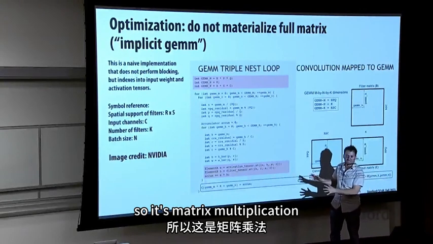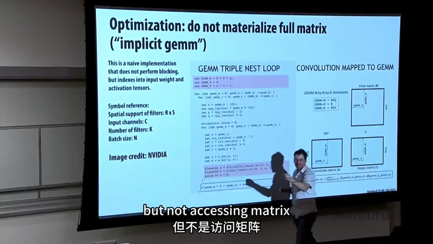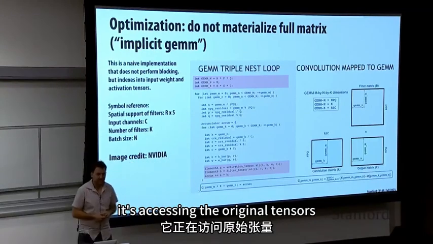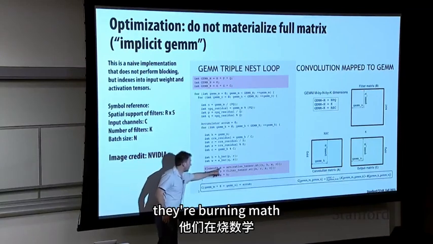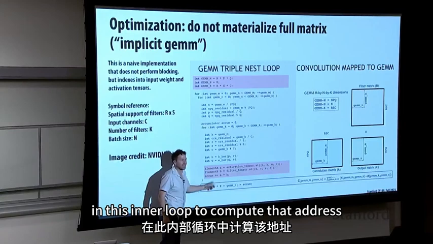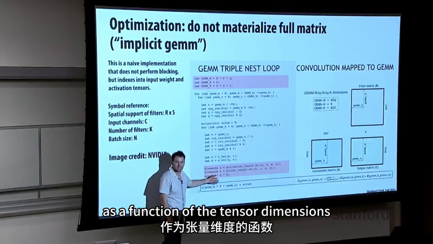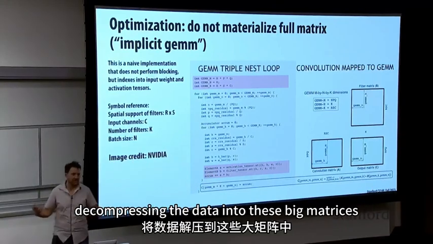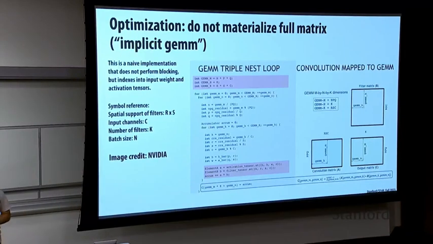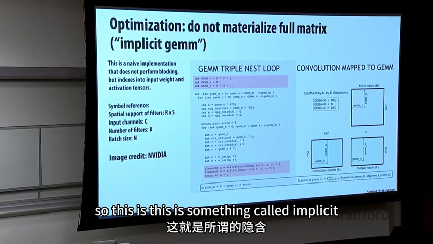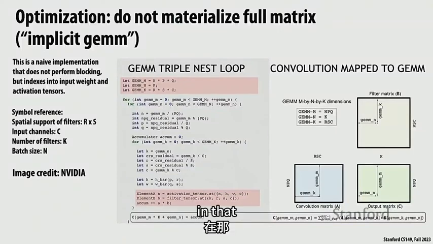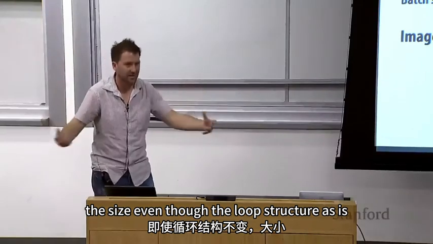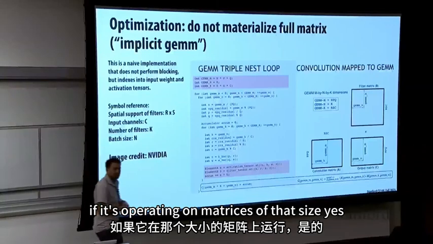So it's matrix multiplication, but not accessing the matrices that I would have created. It's accessing the original tensors. Okay? So in other words, they're burning math in this inner loop to compute that address as a function of the tensor dimensions in exchange for not decompressing the data into these big matrices. This is something called implicit matrix multiply, in that it's not actually operating on matrices that are this size, even though the loop structure is as if it's operating on matrices of that size.